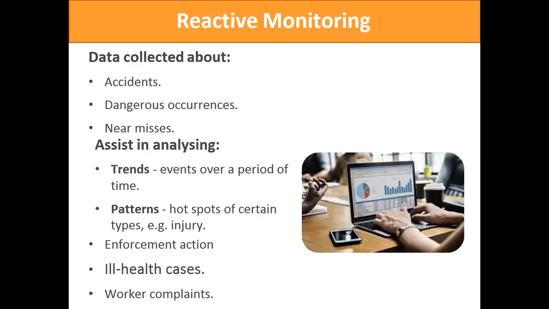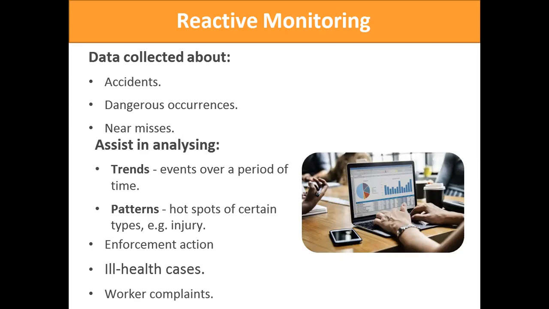For what will we collect the data? For accidents, dangerous occurrences, and near misses. We will collect the data and put it in our database, in our computer, because we will check the root causes or immediate causes of the accidents from this data.